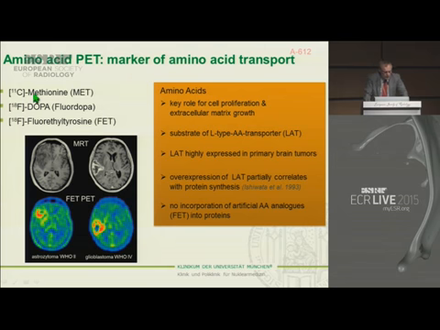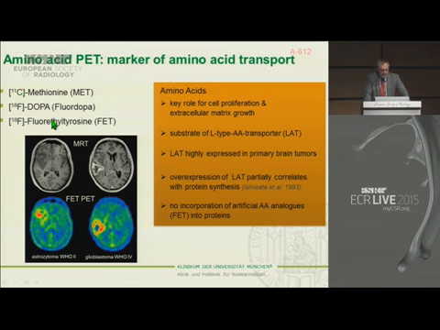You can use the natural amino acid, C11 methionine. This has practical limitations if you use it clinically, since C11 has only a very short half-life of 20 minutes, and you have to do one synthesis to image one patient, which is not cost-effective. The other ones are F18 labeled. The F18 has a half-life of around 2 hours, and this is much better to use clinically.